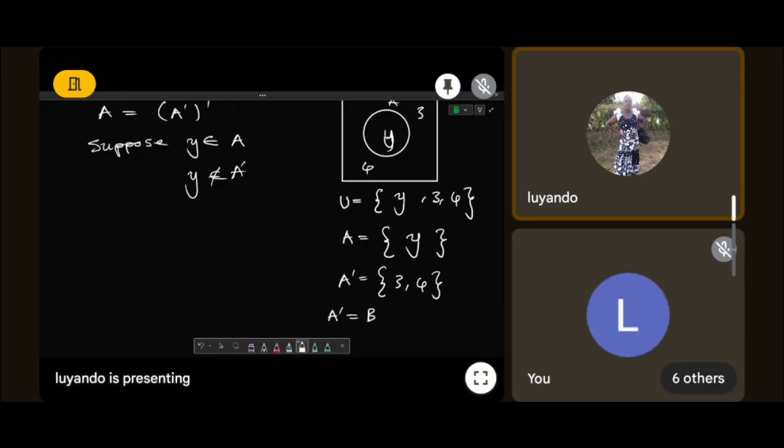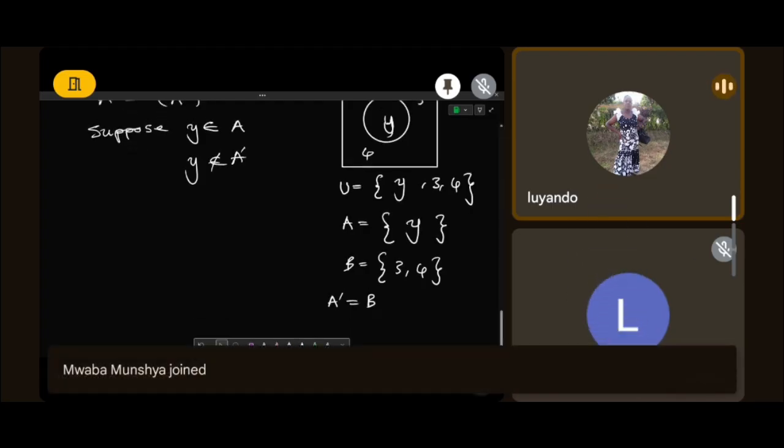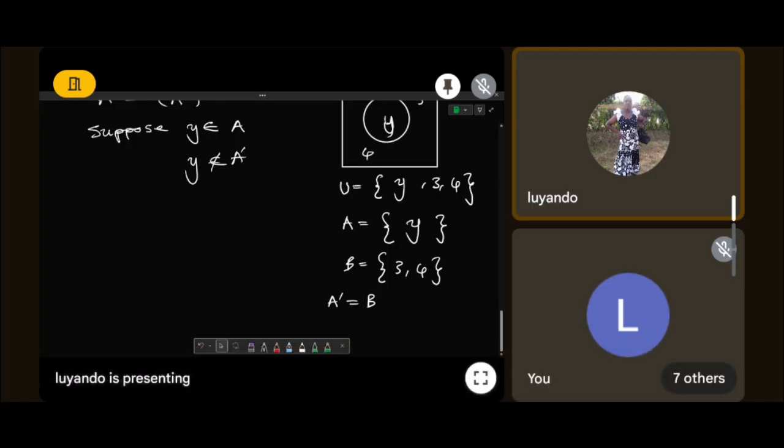Now, suppose that A complement was equal to B. Imagine for a minute that A complement was equal to B. So here where we have A complement, we replace A complement with B. Now, what would B complement be equal to?